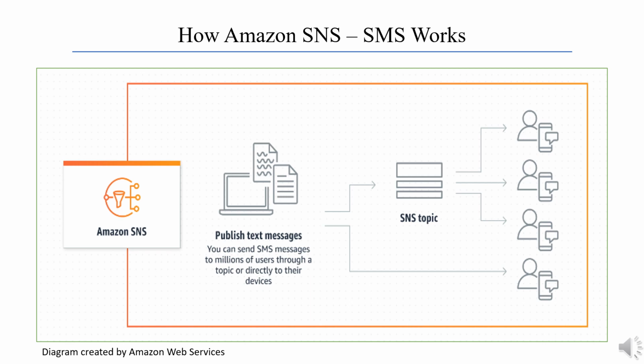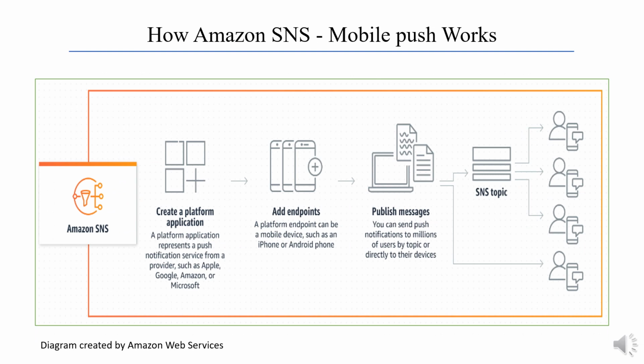The diagram shows how messages are published through SNS topic. We recommend you read the diagram and get a better understanding of how Amazon SNS SMS works in an application environment. Now let's see how Amazon SNS mobile push works in an application environment.